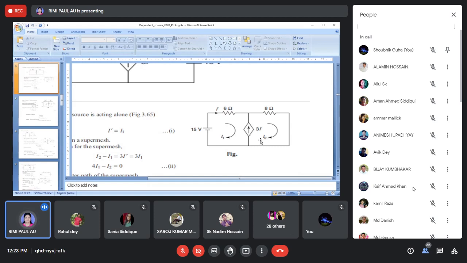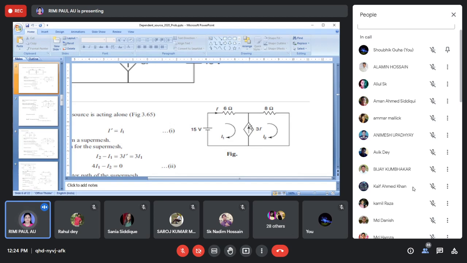Why I2? Because the I2 direction is the same as the direction of this current source. This is a current dependent current source, because I prime is written here and this source depends on this branch current. So I2 minus I1 is equal to 3I prime.